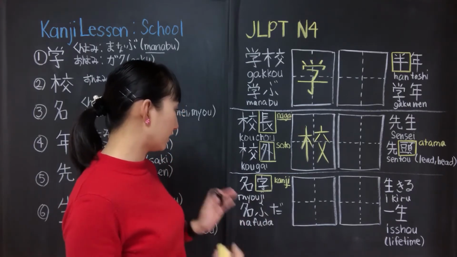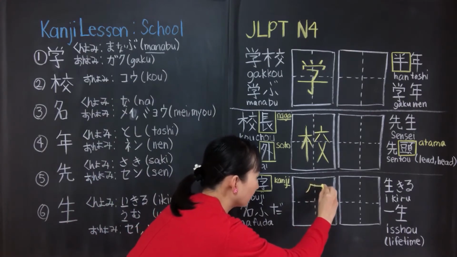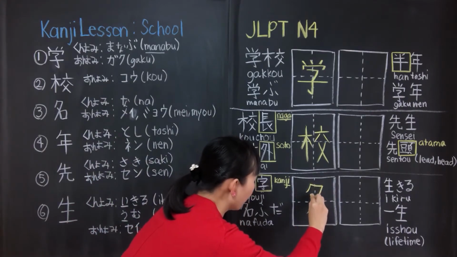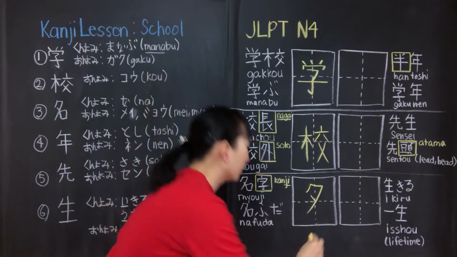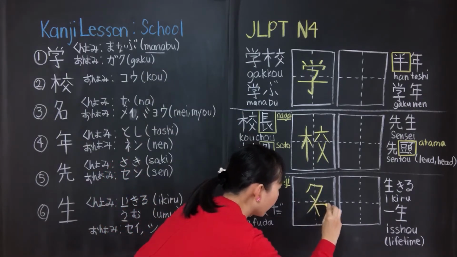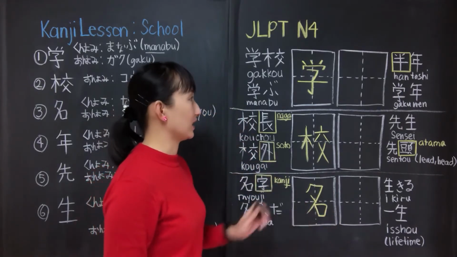So this is how we write na. 1, 2, 3, and then there is just a small kuchi or mouth. 4, 5, 6. There are 6 strokes for this kanji.